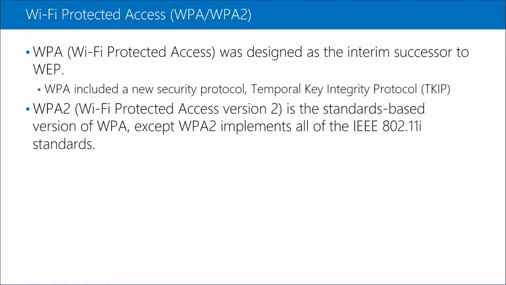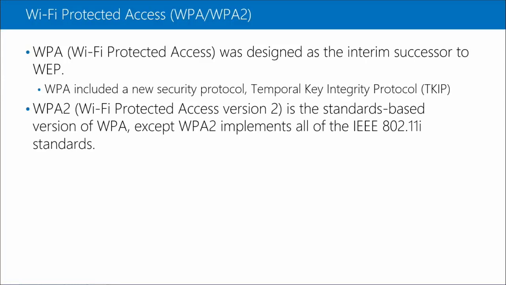WPA and WPA2, Wi-Fi Protected Access, was designed as an interim successor to WEP. It included a new security protocol, TKIP, Temporal Key Integrity Protocol. And then WPA2 is a standards-based version of WPA, except WPA2 implements all of the IEEE 802.11i standard.